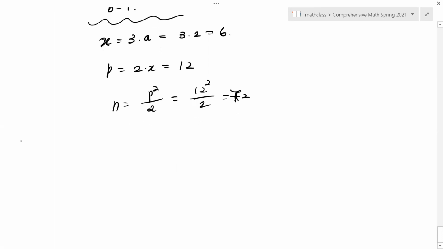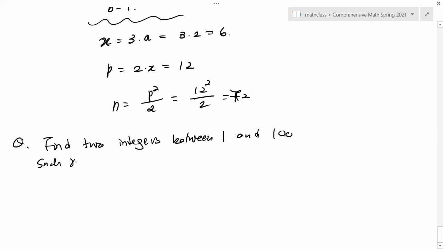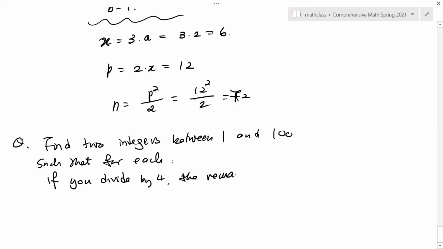Our next problem is we're trying to find two integers between 1 and 100, okay? Such that for each: if you divide by 4, the remainder is going to be 3.